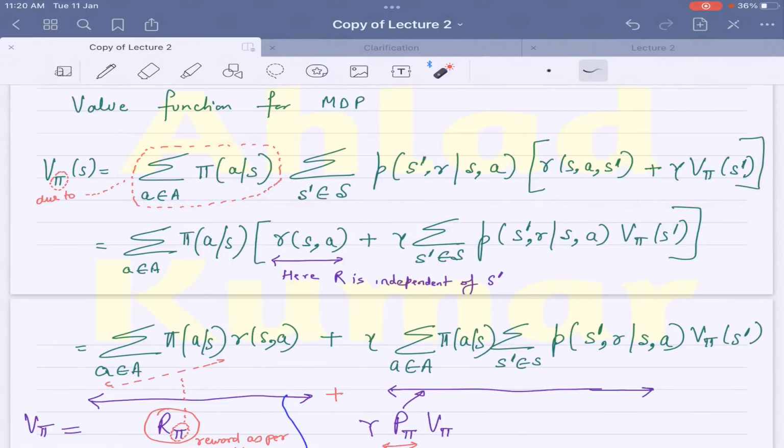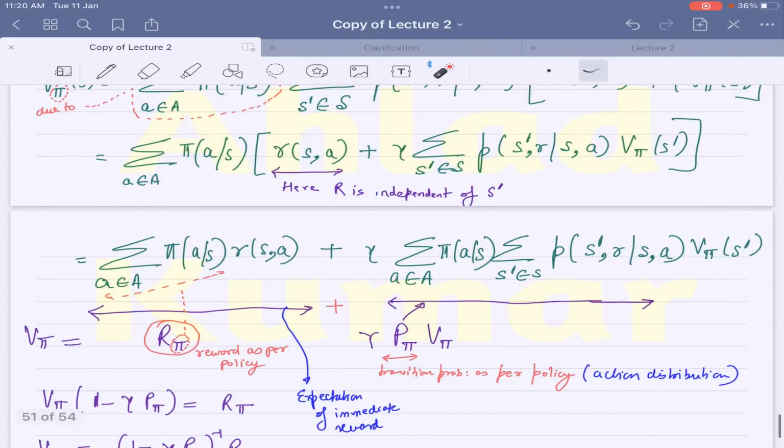So now if you want to simplify this further, if you assume that R is independent of S prime, then you can actually make this sum go inside, and since this particular term is independent of S prime, only this term will be here and the summation can go inside onto this.